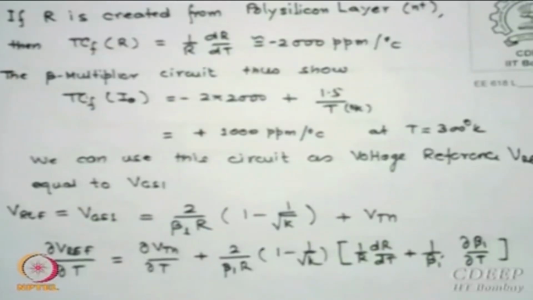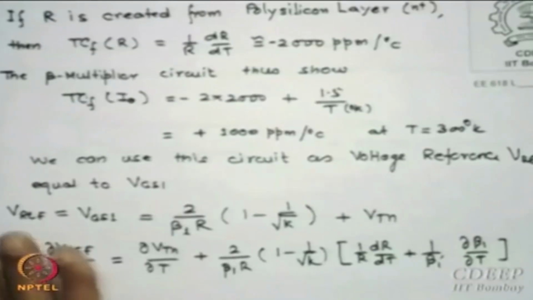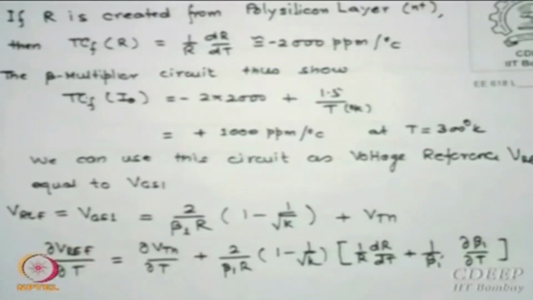Now one can see from here, if I want this term to be 0, then dV reference by dT should be 0. 1 upon V reference dV reference by dT is TCF, is that correct? If I want TCF to be small or 0, I want V reference differential with temperature to be 0.